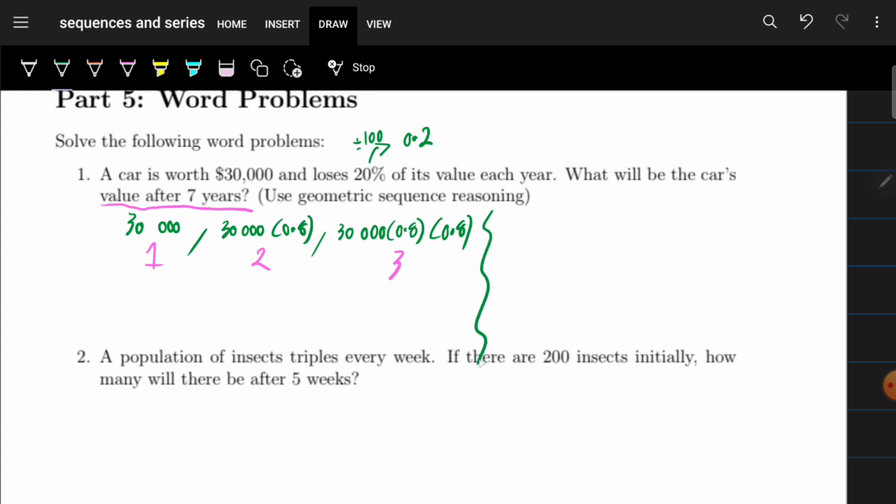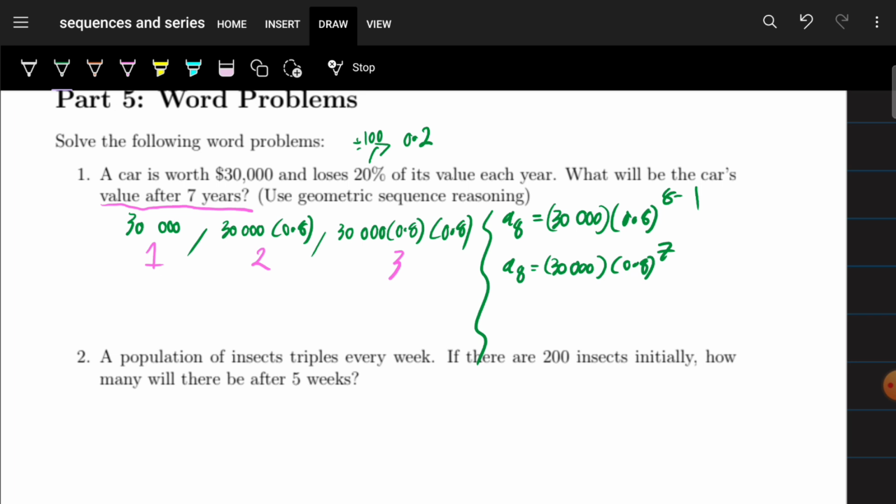So that's what we're going to do. So A8 is going to be the first term, which was 30,000, times the common ratio. We talked about how that's 0.8, and we want the 8th term. So 8 minus 1. So A8 is equal to 30,000 times 0.8 to the 7. And I'm going to figure out what this is with my calculator.